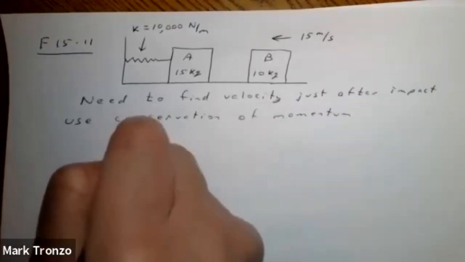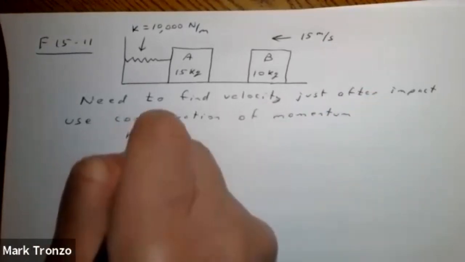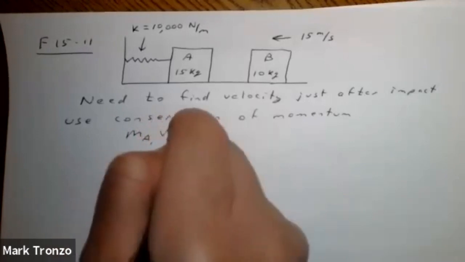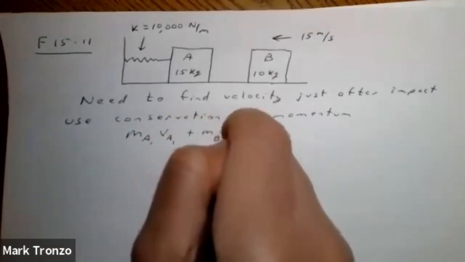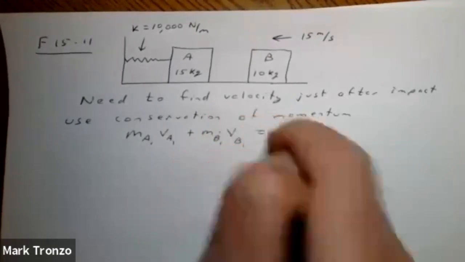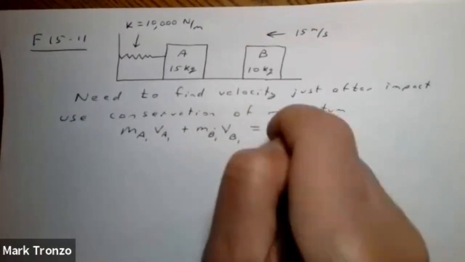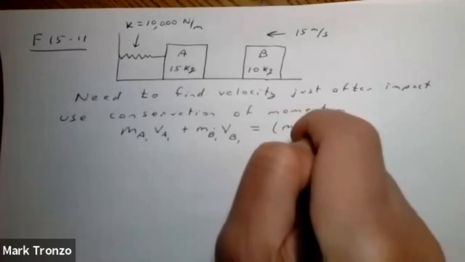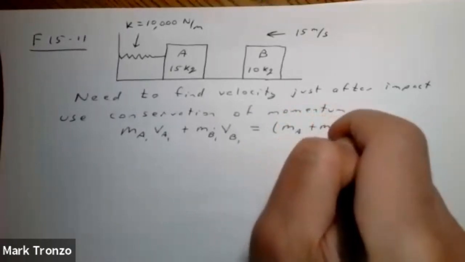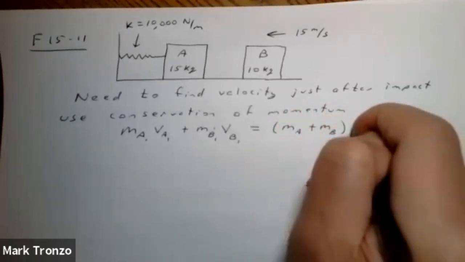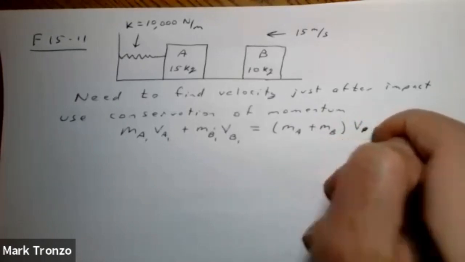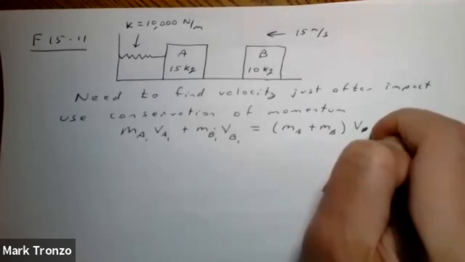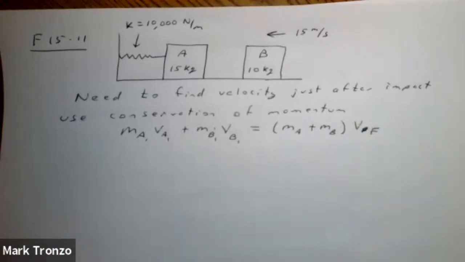It's going to be MA1 VA1 plus MB1 VB1. Then after they impact, they move together. So it's going to be mass A plus mass B times the velocity after impact. I don't know what you want to call it. Let me call it just F, so after impact.